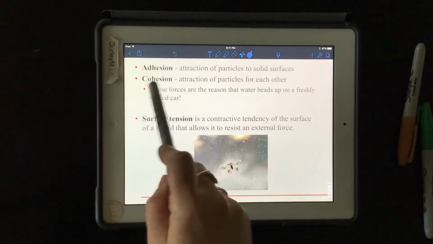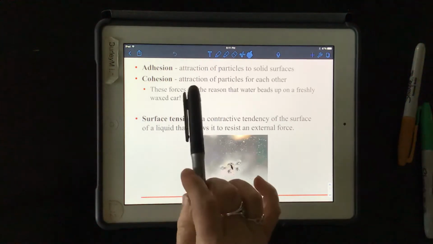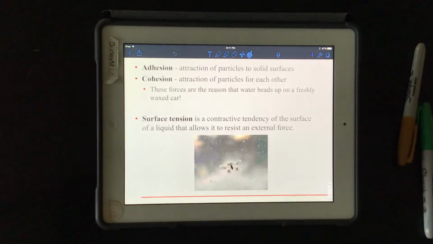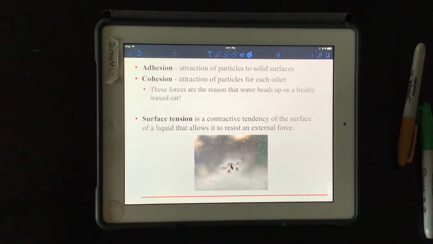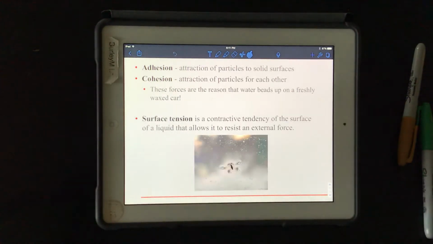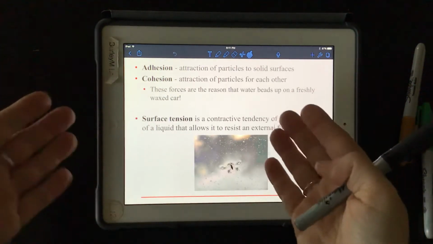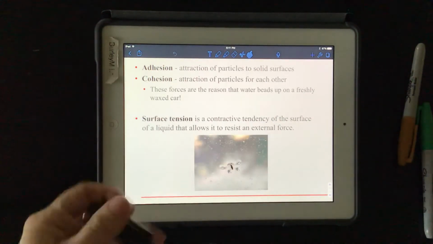Those are cohesive forces of attraction, the attraction of particles for each other. So adhesion is like an adhesive where you stick one thing to something else. Cohesion is when two molecules or lots of molecules of the same type stick together.